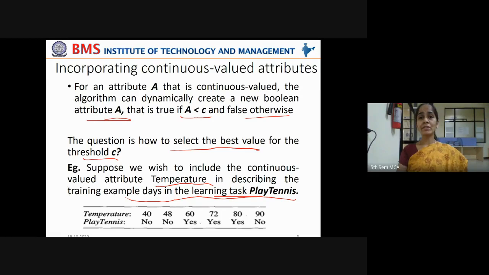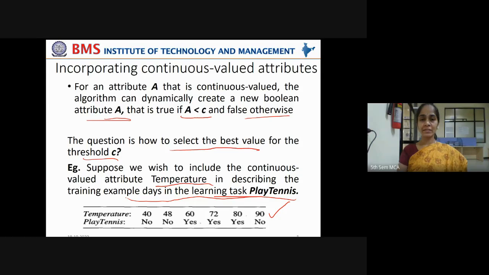Now, temperature is actually recorded as high, moderate, low. But let us take it as given in this case. Temperature as 40 degrees, 48 degrees, 60 degrees, 72 degrees, 80 degrees, and 90 degrees. Right?